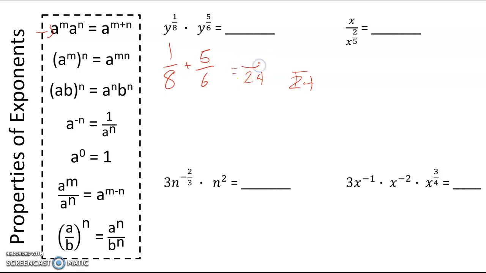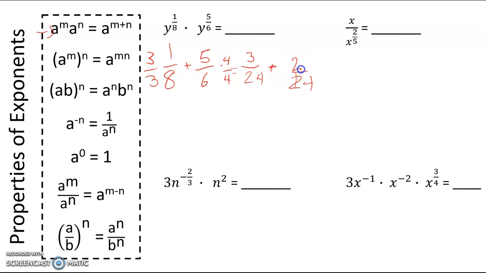So if we work on that, to get a common denominator of 24 for 8, I have to multiply both the top and the bottom by 3. So you get 3 times 8, which is 24, and then 3 times 1 is 3. And then for 6 to get 24, I multiply both the top and the bottom by 4. Always have to do that when manipulating fractions, multiply the top and bottom.